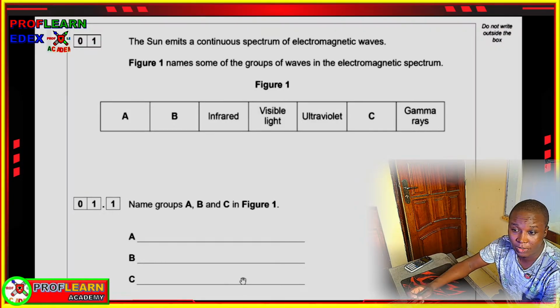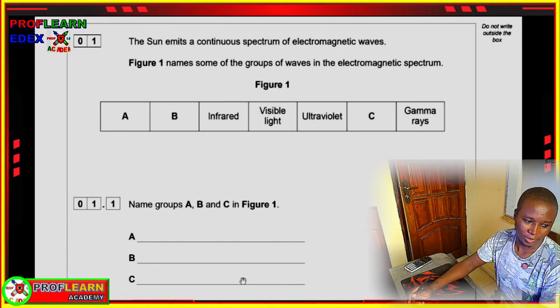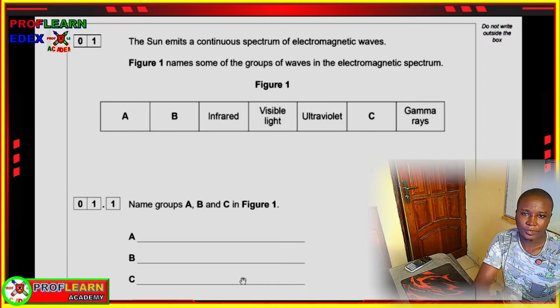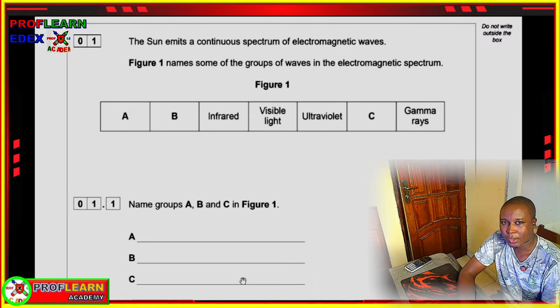The first question, we're told that the sun emits a continuous spectrum of electromagnetic waves. So something that we need to understand and appreciate is that electromagnetic waves is just a family of waves which are arranged in the order of increasing or decreasing wavelength or frequency.